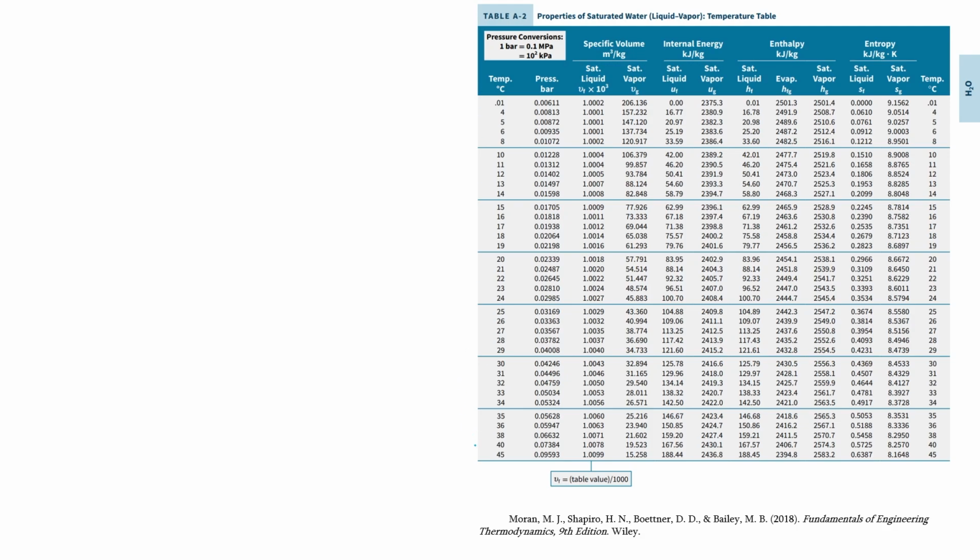And we know we're at a temperature of 40 degrees Celsius, and we have a pressure at our saturated state. So we know that P_sat, or P_g, depending on how you want to write it, is equal to 0.07384 bar.